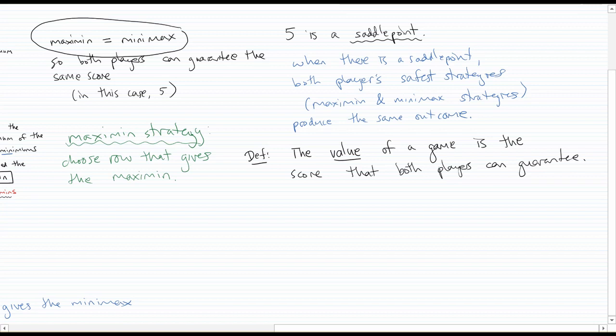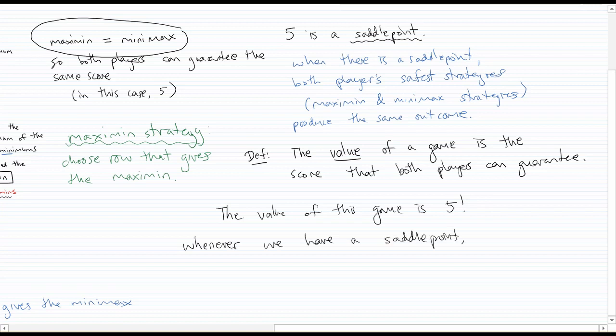So in this case, both players can guarantee a height of 5, at least 5, or at most 5, depending on who they are. And so the value of this game is 5. And in particular, whenever we have a saddle point, it will always give us the value of the game.